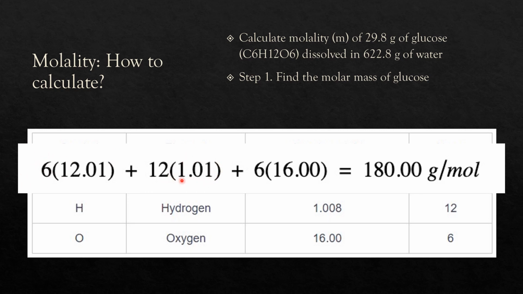For hydrogen, we multiply its atomic weight by the number of hydrogens. And for oxygen, we multiply its atomic weight by the number of oxygens to get the molar mass of our glucose. So glucose has a molar mass of 180.00 grams per mole.